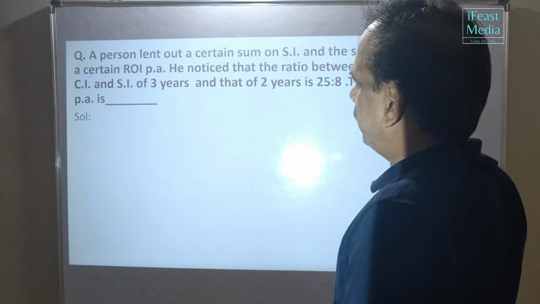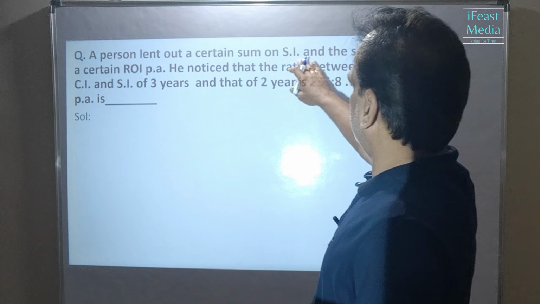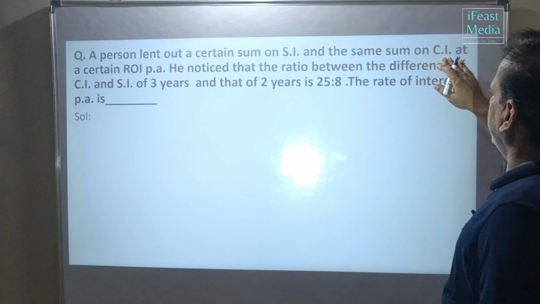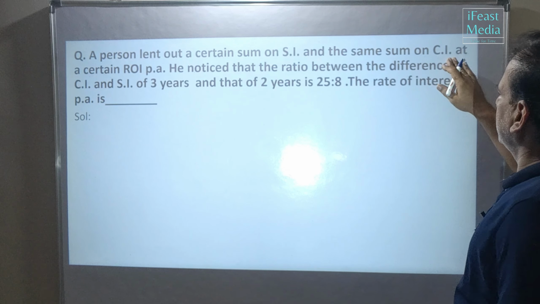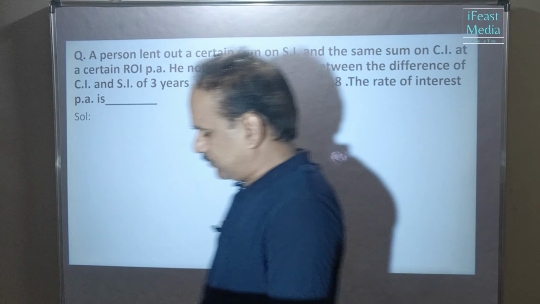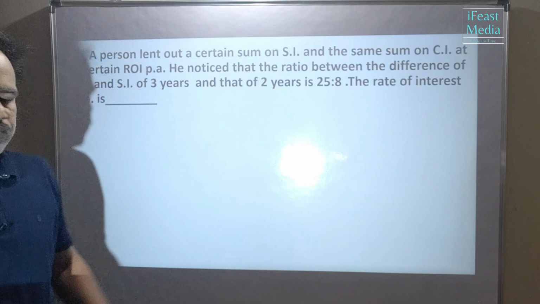Coming to this problem, a person lent out a certain sum on simple interest and the same sum on compound interest at a certain rate of interest per annum. He noticed that the ratio between the difference of compound interest and simple interest of 3 years and that of 2 years is 25:8. What is the rate of interest? So here we are given the ratio.